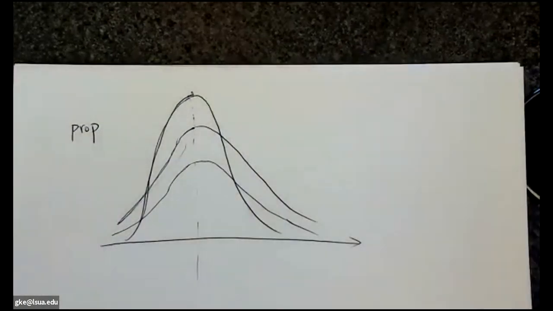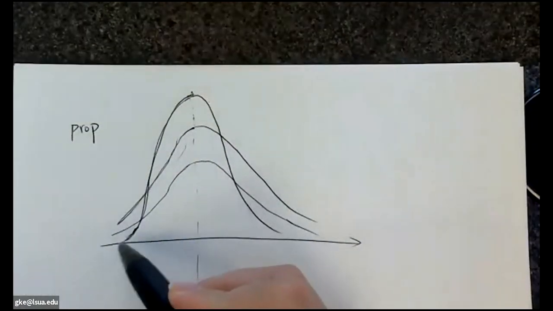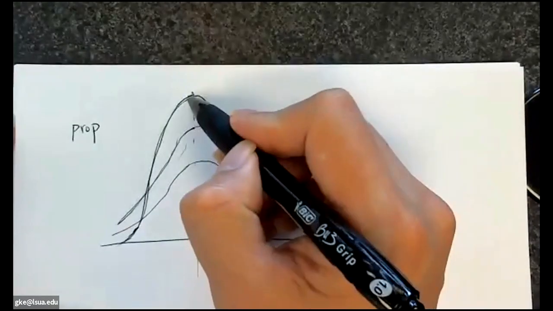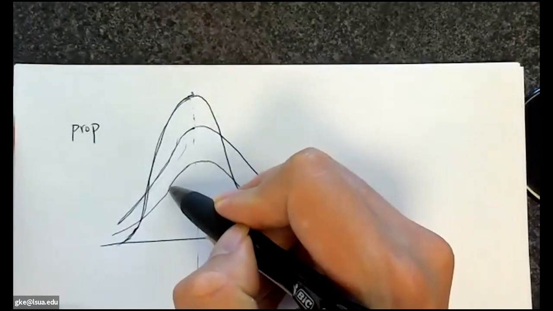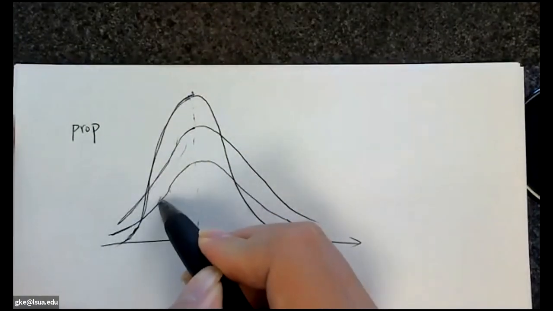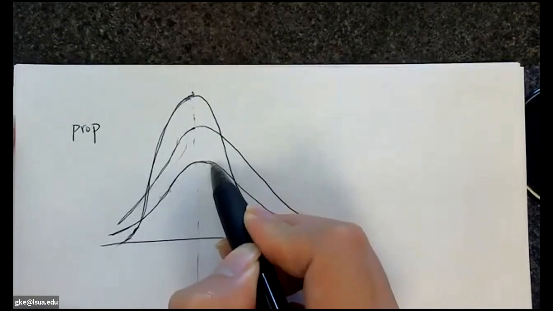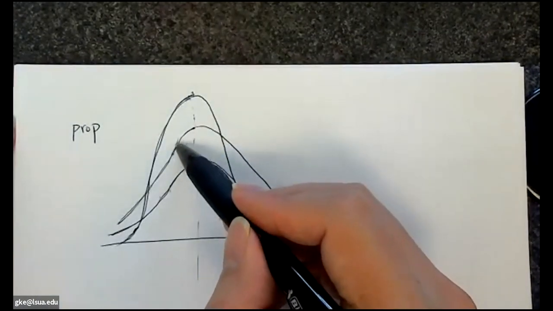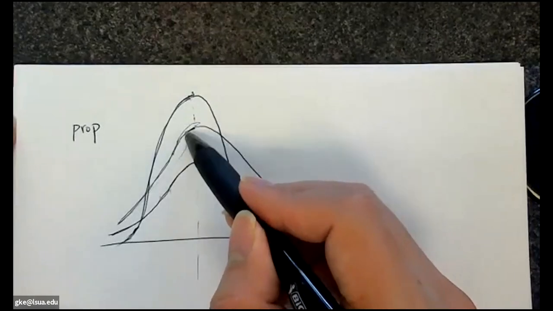We have three normal distributions, okay? For these three, the first curve here is very flat, and the second curve becomes sharper.